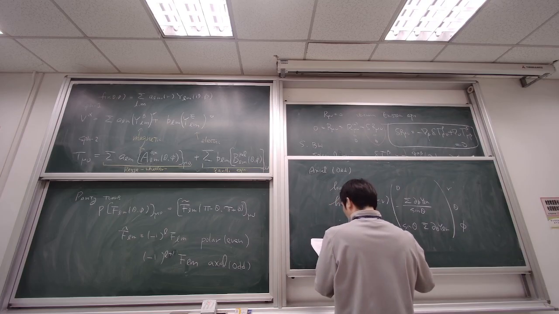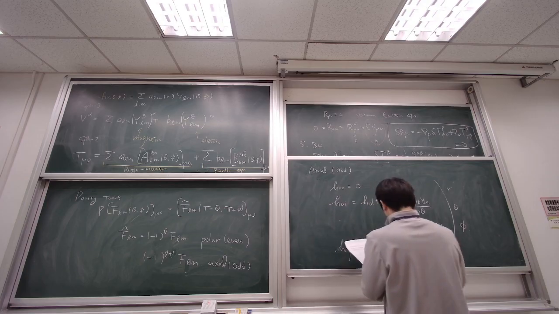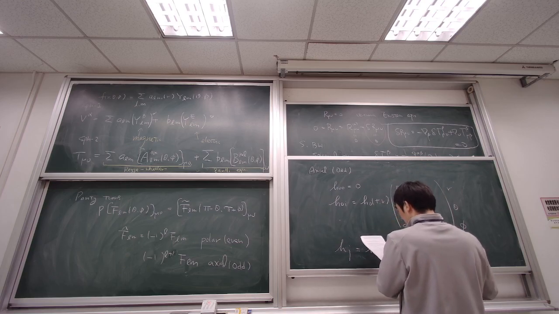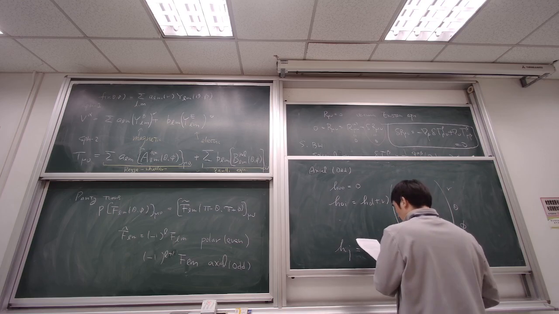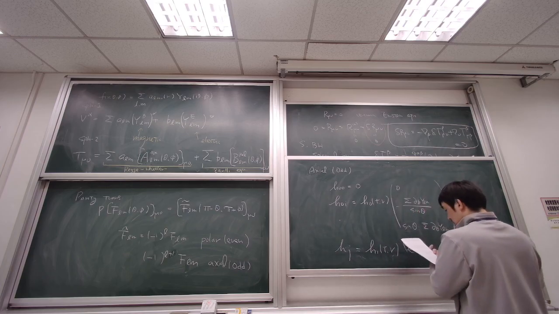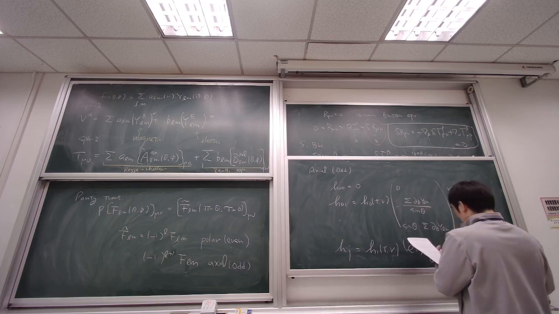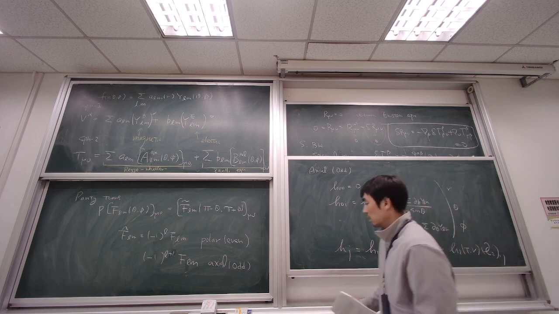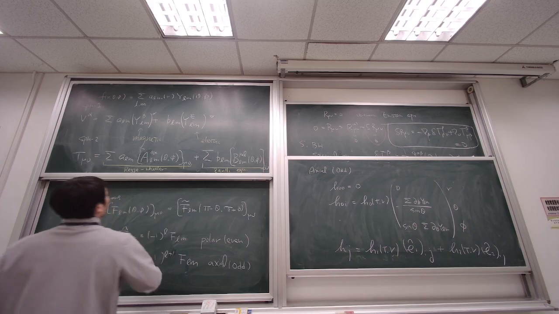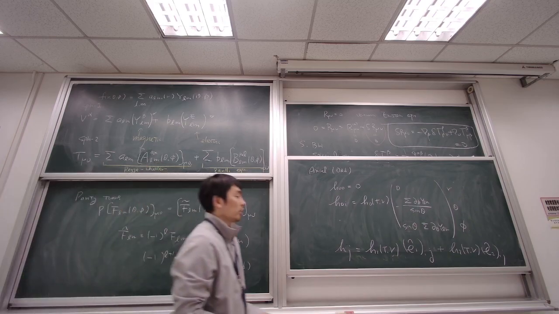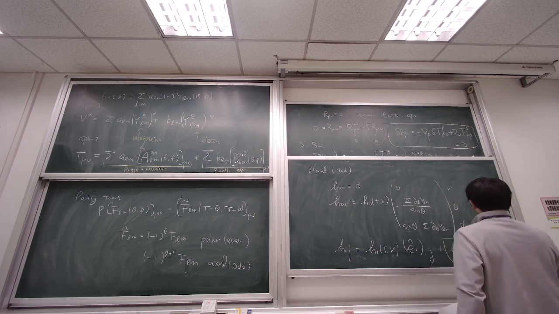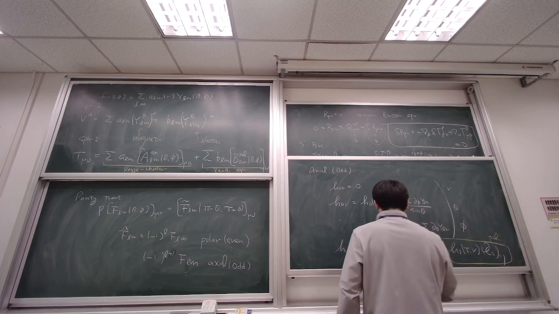H1 TR is equal to sum E hat 1 IJ, and then plus H2 TR E hat 2 IJ. So this is the spherical harmonic decomposition, and here this guy is polar, and this guy is axial.